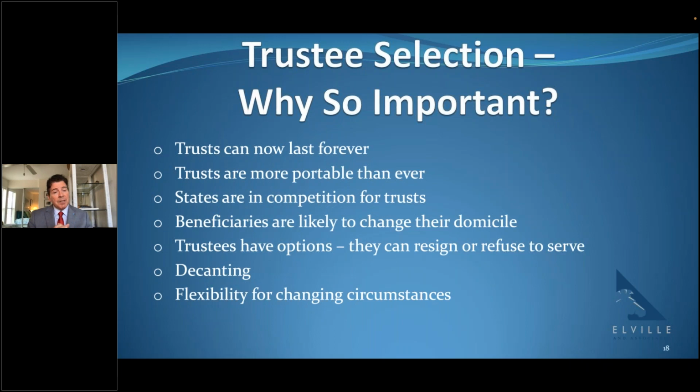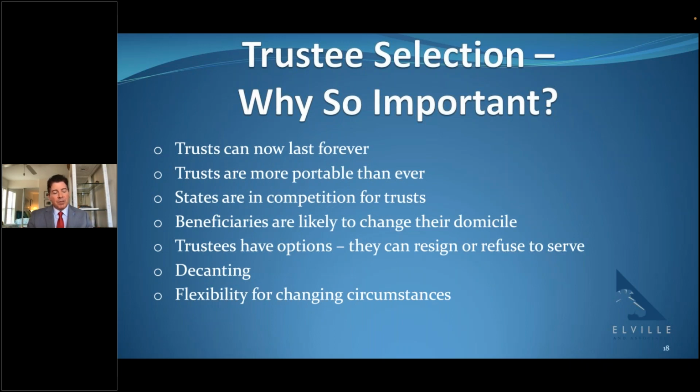Or there could be a family member that you're relying on. I was called upon recently as a trust protector to notify people that the beneficiary was cognitively impaired and could not take care of himself. And when I contacted one of the fiduciaries, they said, we are not able to serve, we can't do it. So we just have to be aware that trustee selection is very important because people do not have to serve.